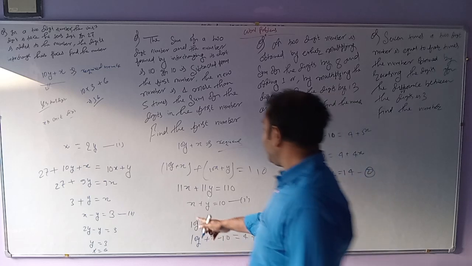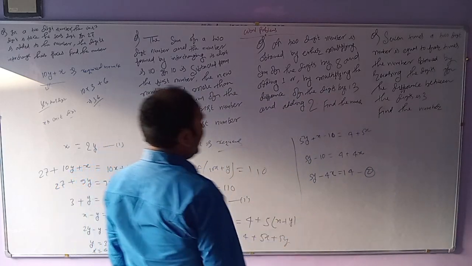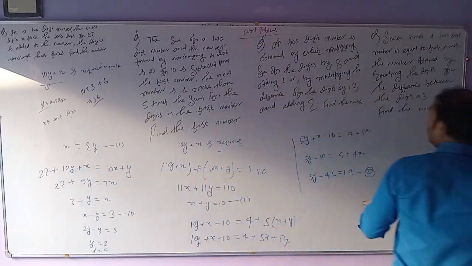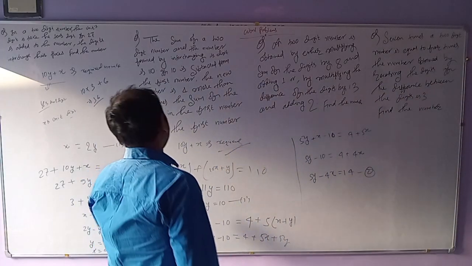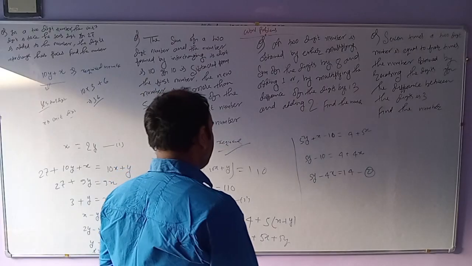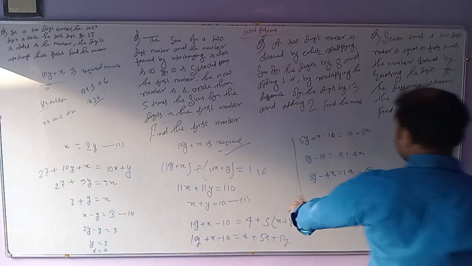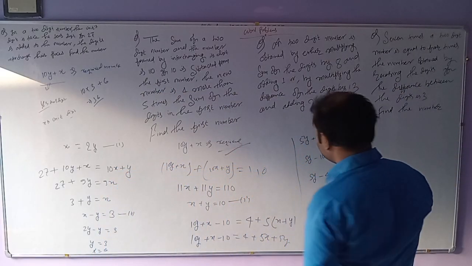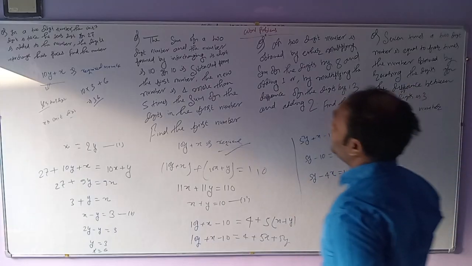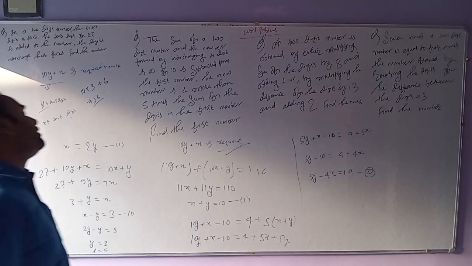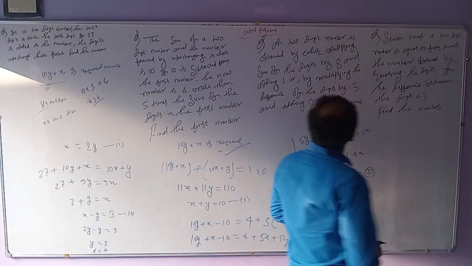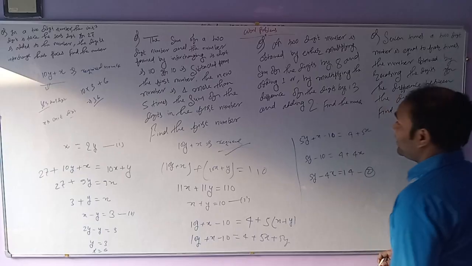When we compare equations first and second, we get the values of x and y. When we put the values of x and y here, we get the required number. By comparing equations first and second, we easily get the values of x and y.